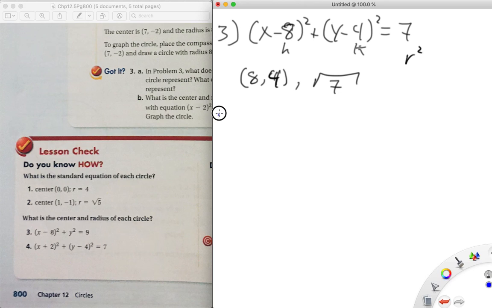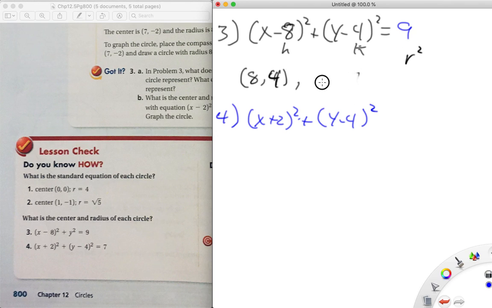And for 4, we have x plus 2 squared plus y minus 4 squared equals 7.